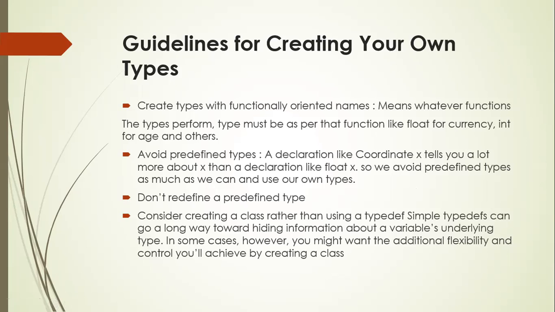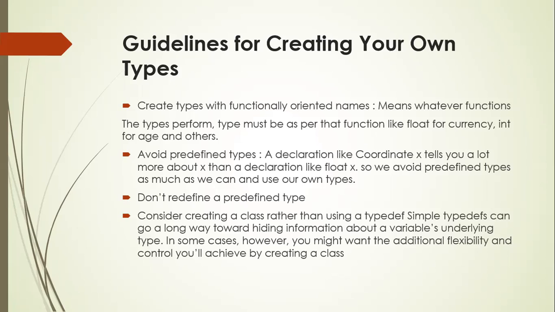For example, currency is going to have point values, so we define float for such a type. And age is going to be a number, so we define integer for age. Other types should be defined similarly, and must be comparable with their values.